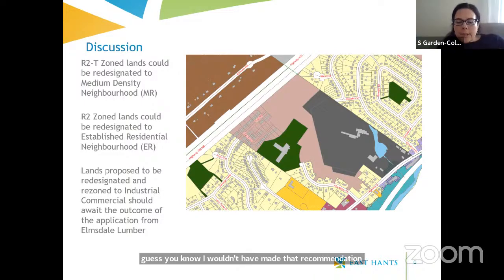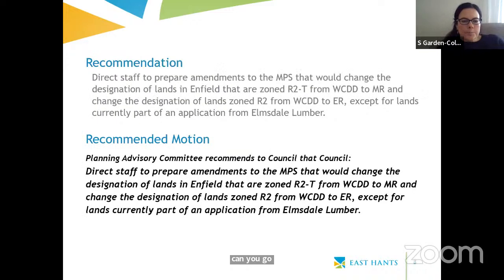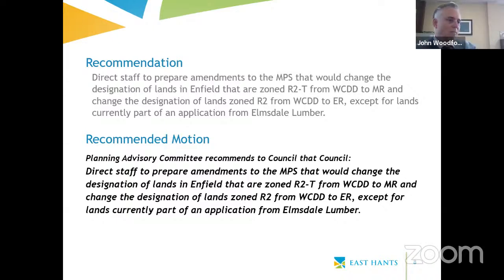Can you go back to the recommendation, please? So Mr. Chair, as I said, once council deals with that application, if it doesn't go to industrial commercial, then we would probably come back and recommend that that also be included with the lands that are being removed from the CDD.